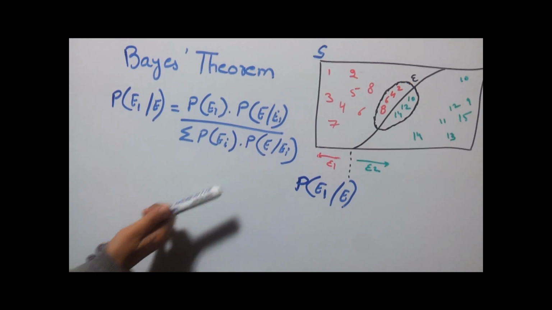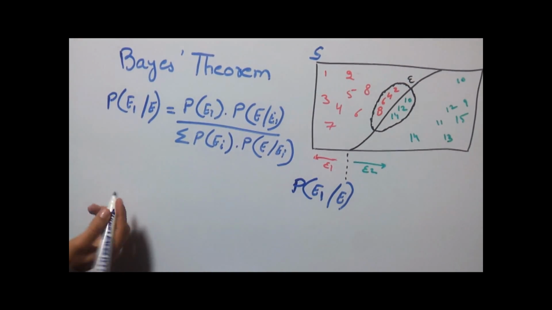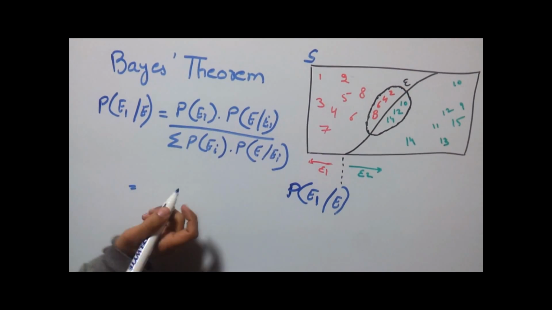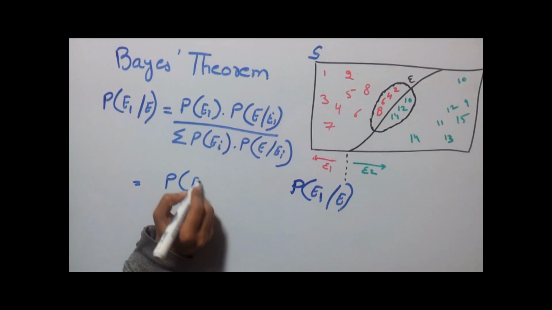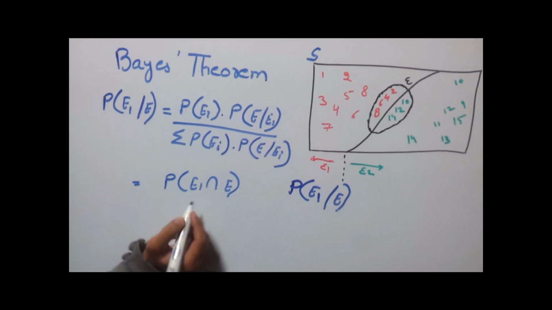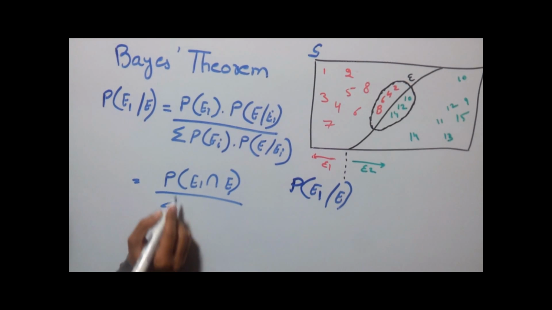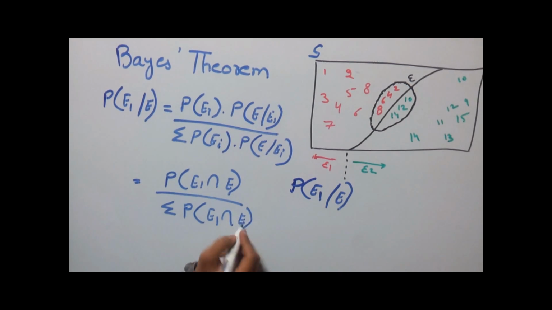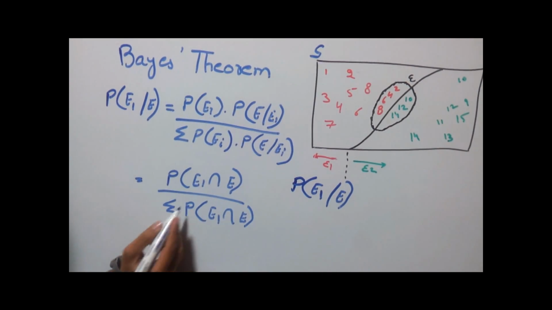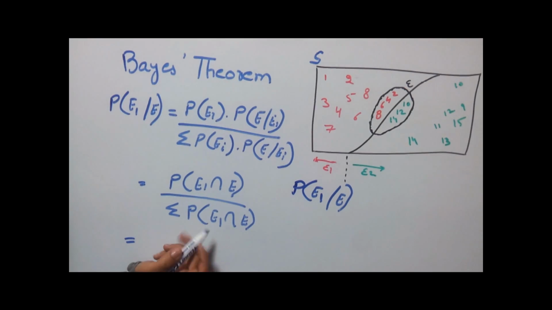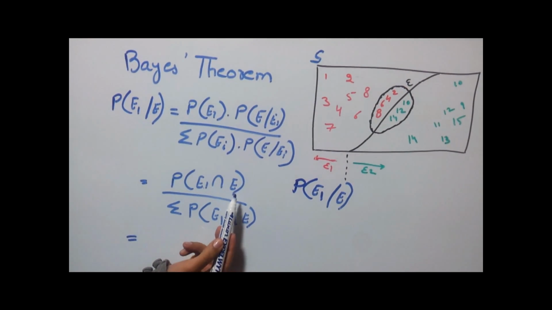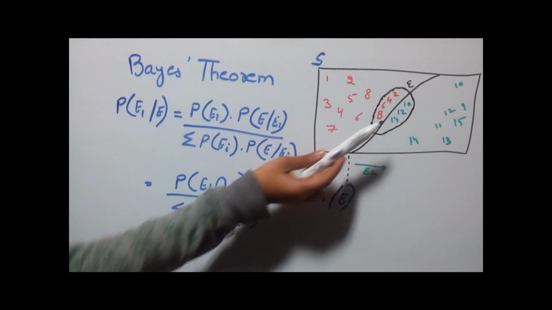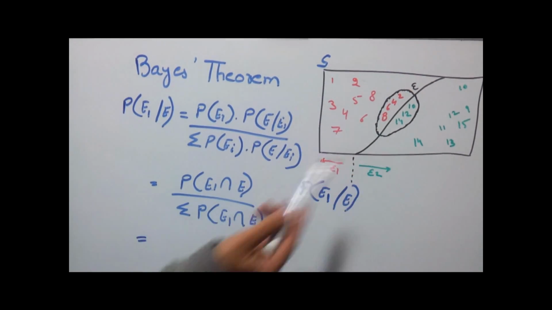So now see how to apply the concept here. As we know from our previous classes, the numerator can also be written as probability of E1 intersection E, and the denominator will be written as the summation of probability of Ei intersection E. Applying this in our question, probability of E1 intersection E would be 4 by 15, because there are a total of 4 even numbers from event E1 out of the sample space of 15.